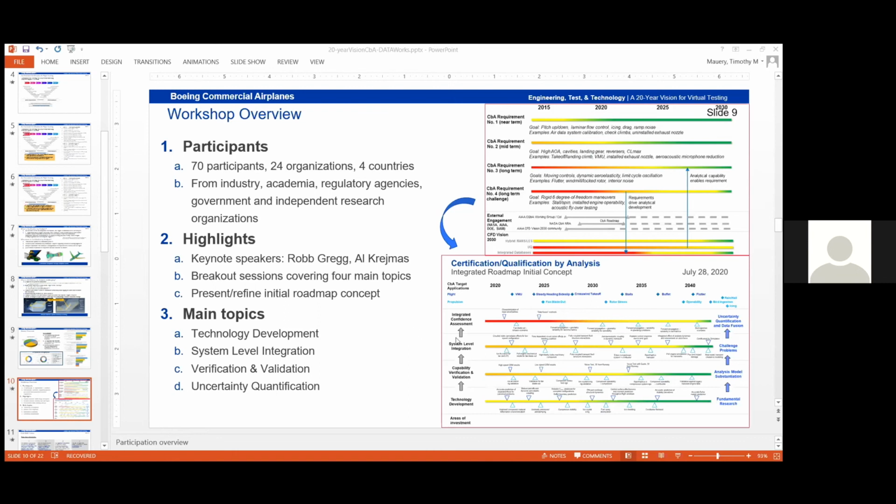During that time, we also presented some initial roadmap concepts, and through input from the workshop, we were able to refine that roadmap.